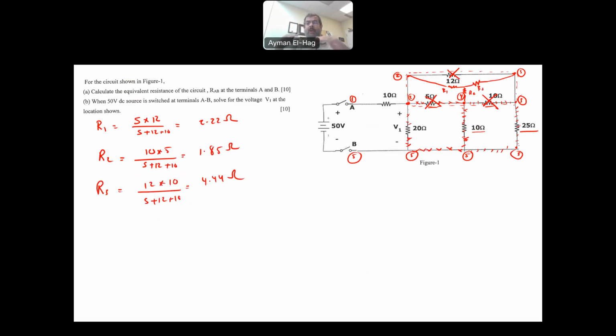Now, let me redraw the circuit after this conversion, and you will see the resistors will start to make much more sense. You will see that you can now add resistors in series and in parallel.